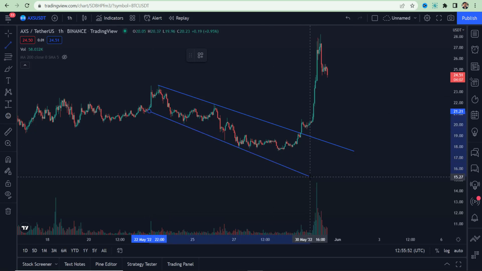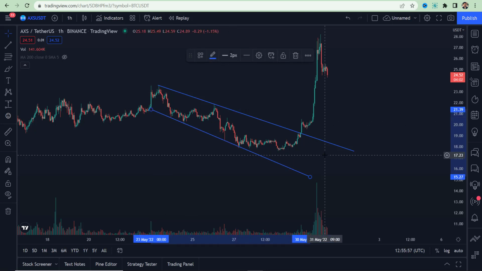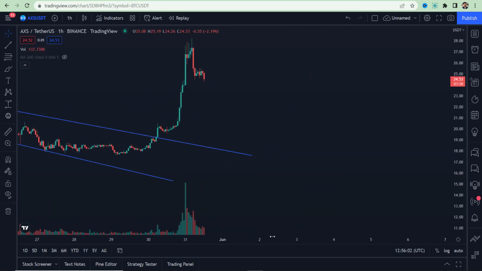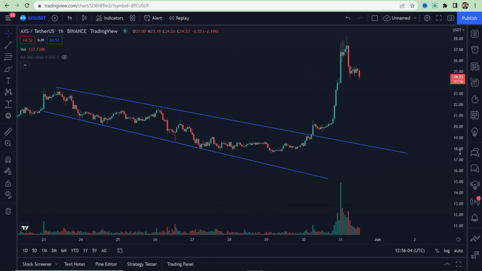So we had this kind of broadening wedge, I would say. It's a little bit broadening, not too broadening. And what Axie did was break out of this.